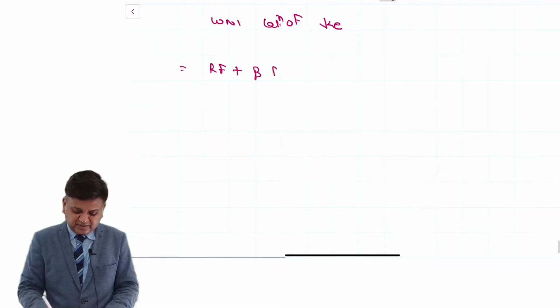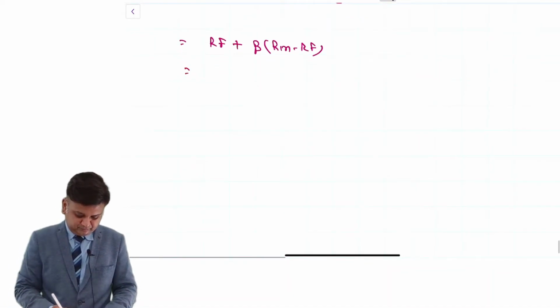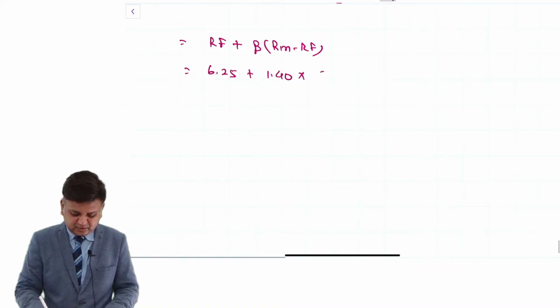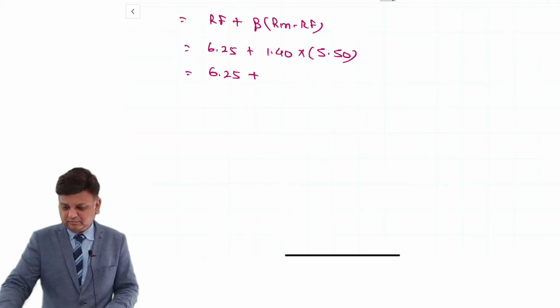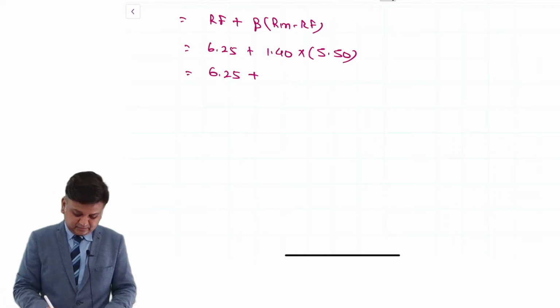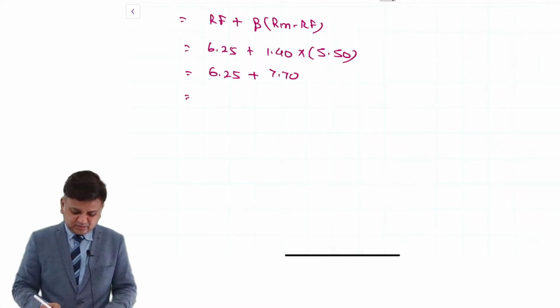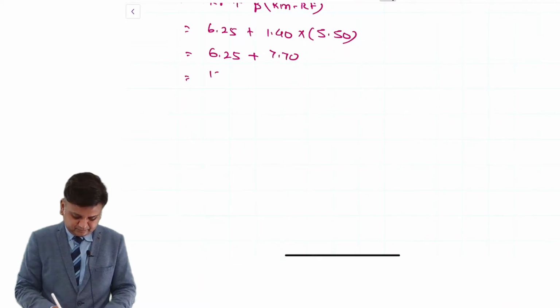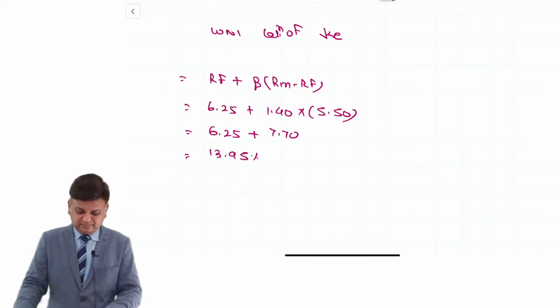So it is RF plus beta into RM minus RF. RF is 6.25, beta is 1.4, RM minus RF is 5.5. So 7.7. So 13.95. That is the way the K is formed.